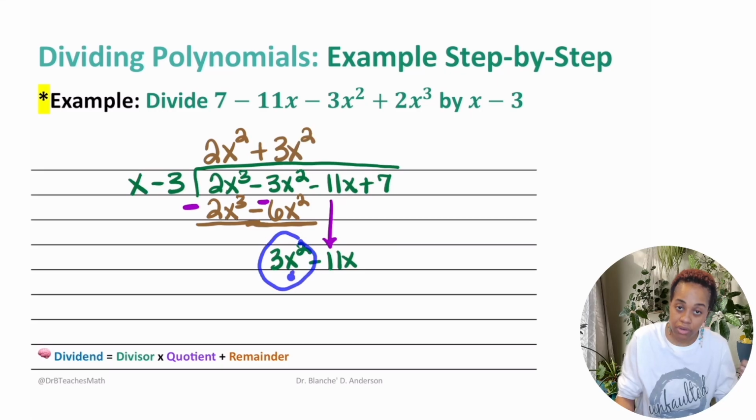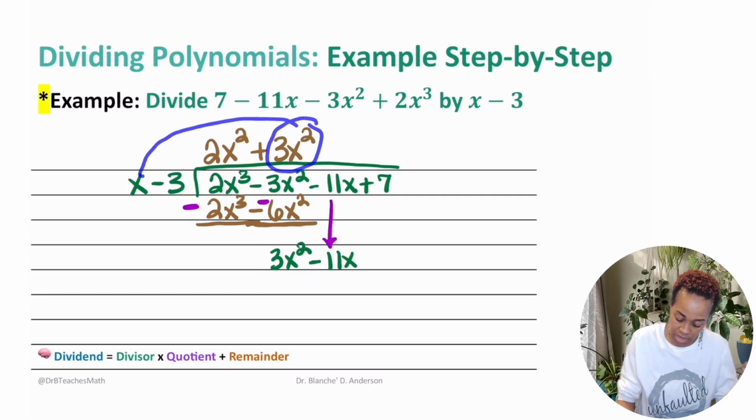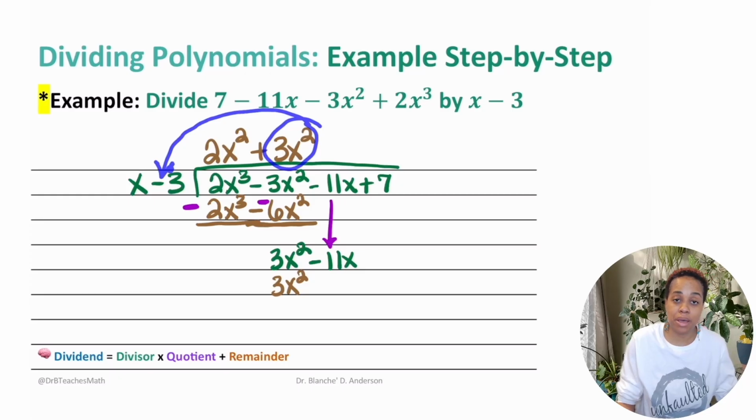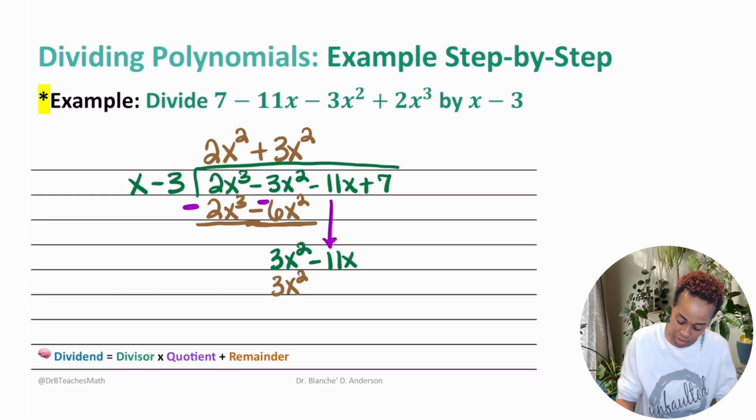Because it's positive here. I'm trying to get this value here, okay? And 3x squared times a minus 3 is going to give me a minus 9x squared. So far, so good.